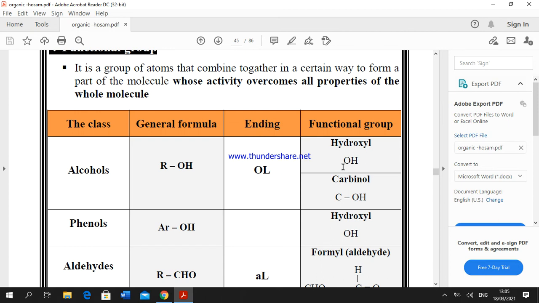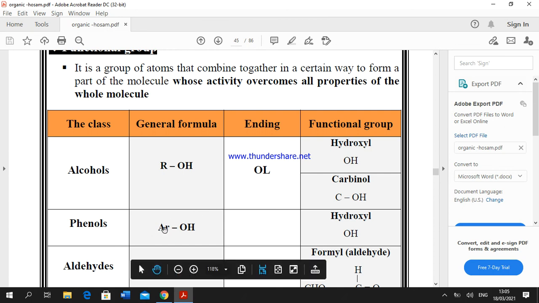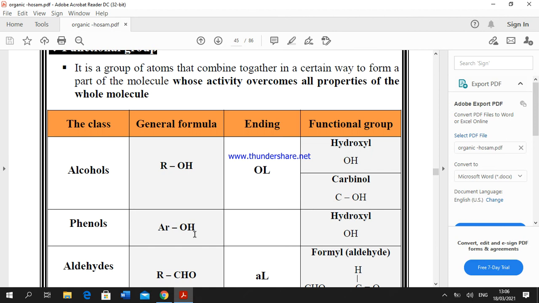When an aromatic radical is linked to the hydroxyl group, the class formed is known as phenols.